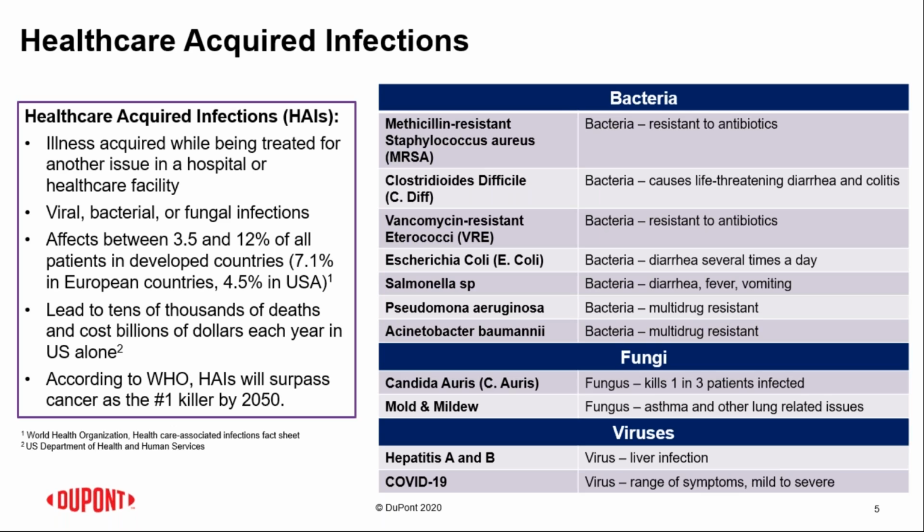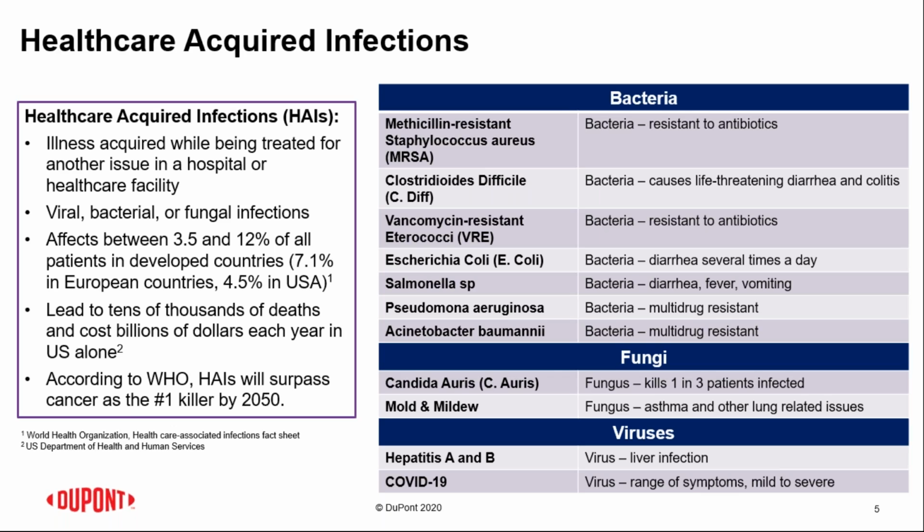If you're in a hospital, you're there because you're recovering from some issue, so having a healthcare-acquired infection is really the last thing you want in order to have a good patient outcome. What's surprising is that these infections affect between 4 and 12% of patients in developed countries, and in Europe that rate is 7%. There's a cost to this.